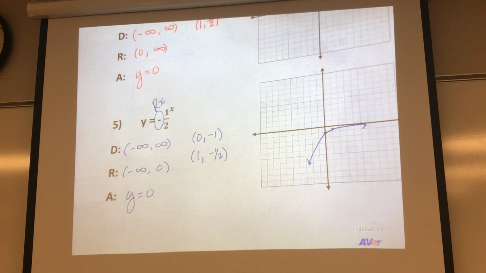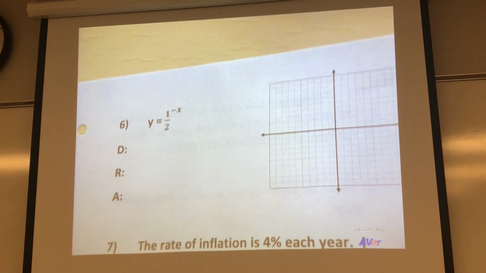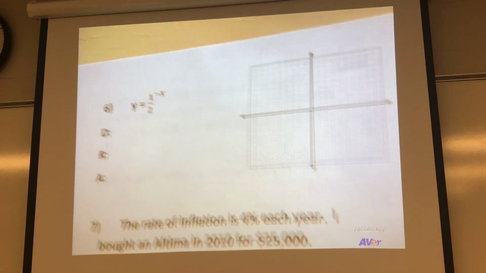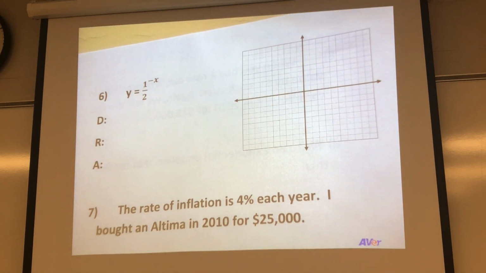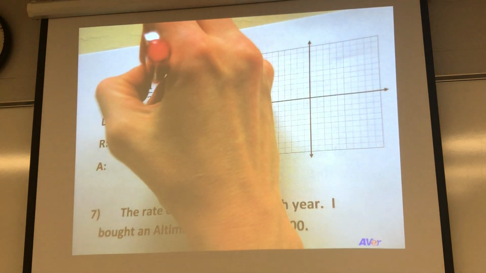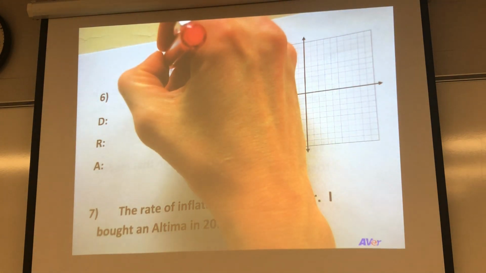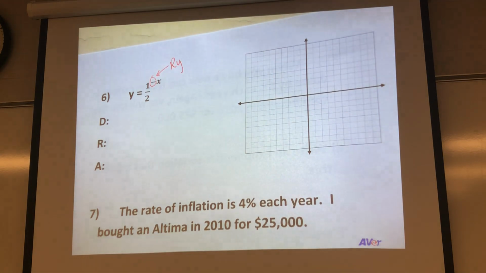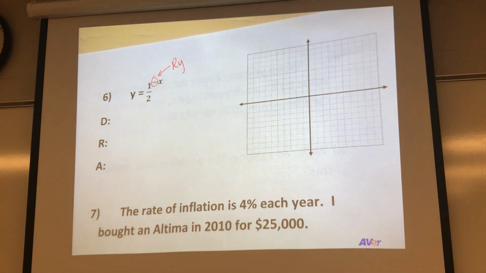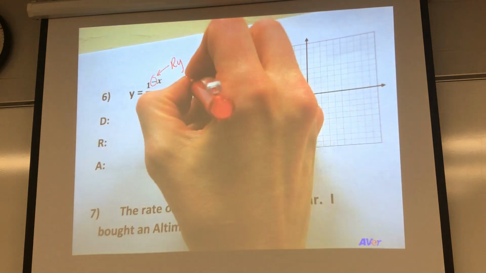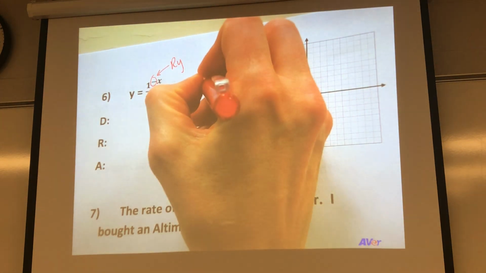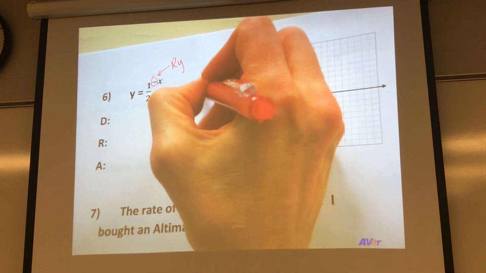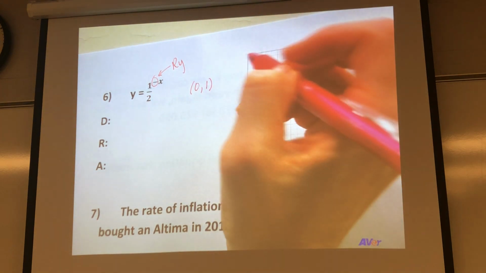But what happens when our negative is in the exponent? So like on this one, y equals (1/2) to the negative x. Well, that negative up there is a reflection in the y-axis. So if we go back to our original points, (0, 1), we take the opposite of their x value, so that's not going to change anything.